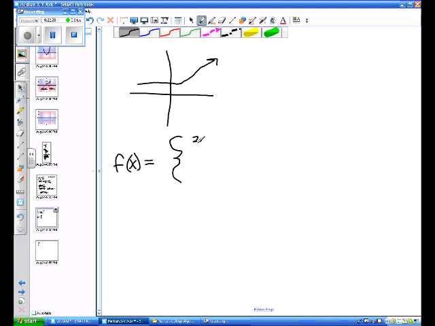It equals 3x plus 5 if x is less than 0. It's going to equal 4x plus 7 if x is greater than or equal to 0.